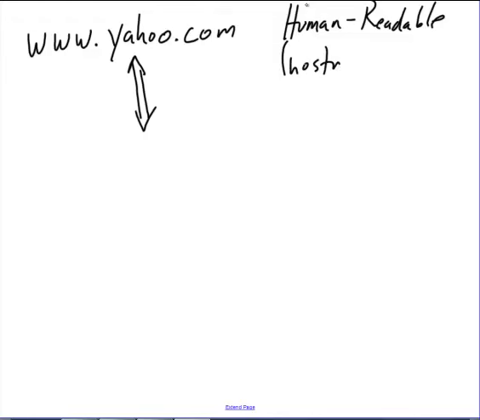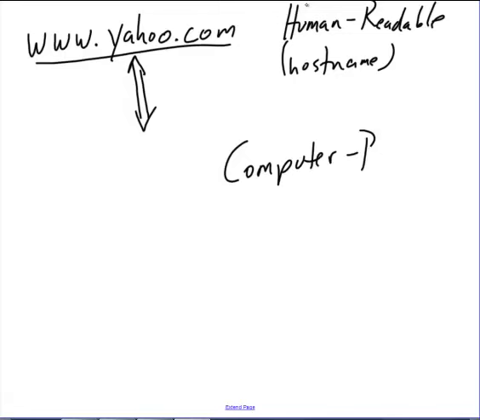One of the things that the domain name system allows us to do, actually the thing it allows us to do, is to translate this human readable host name, something that's easy to remember, and in this case www.yahoo.com, into something that's computer readable, or more appropriately, something that is more understandable by a computer. In this case, it's the IP address.